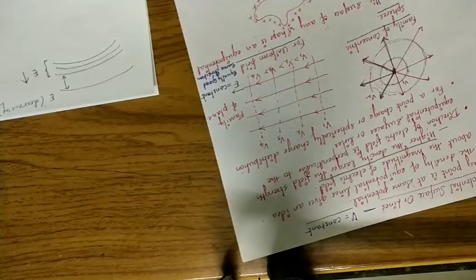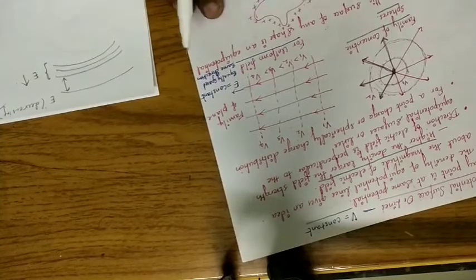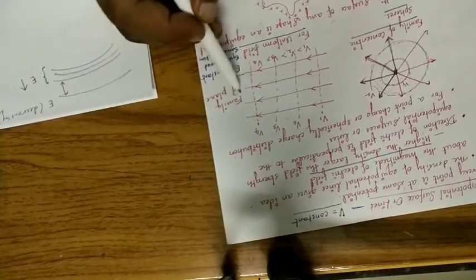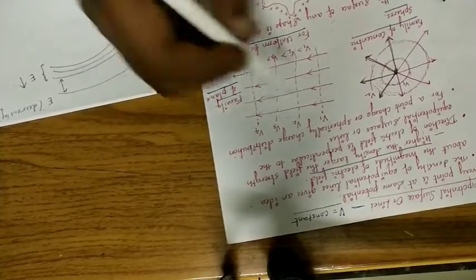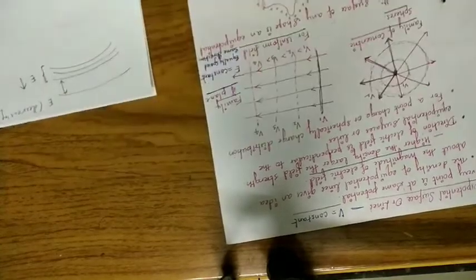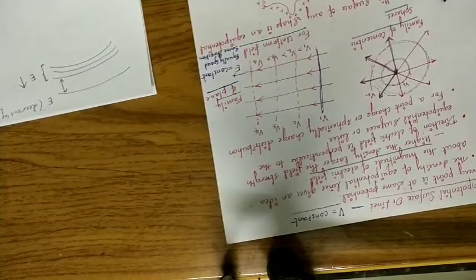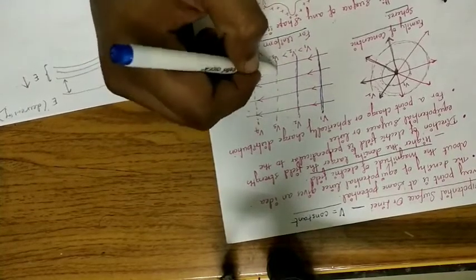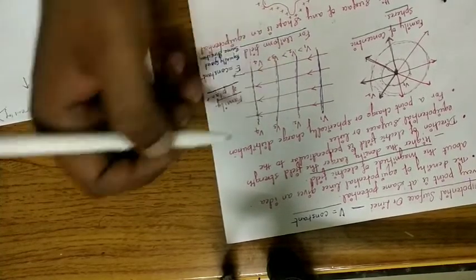Then we call such a field a uniform electric field. For a uniform electric field, the equipotential surfaces are a family of planes. So this is one plane. It is two-dimensional, so you see it as a line, but in three dimensions it is a plane. And this is another plane, a third plane, a fourth plane.